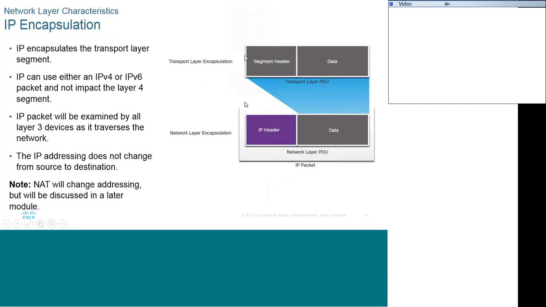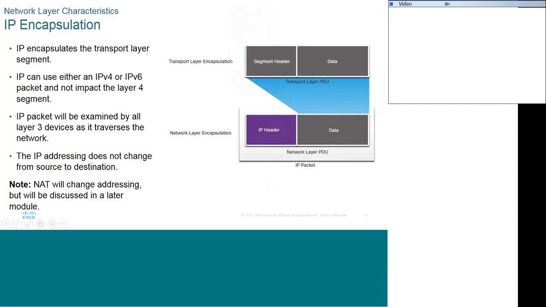You can see here the IP encapsulation. When the data comes from above, from the transport layer, which is layer number 4 of the OSI model, this data as a whole is encapsulated in the network layer.